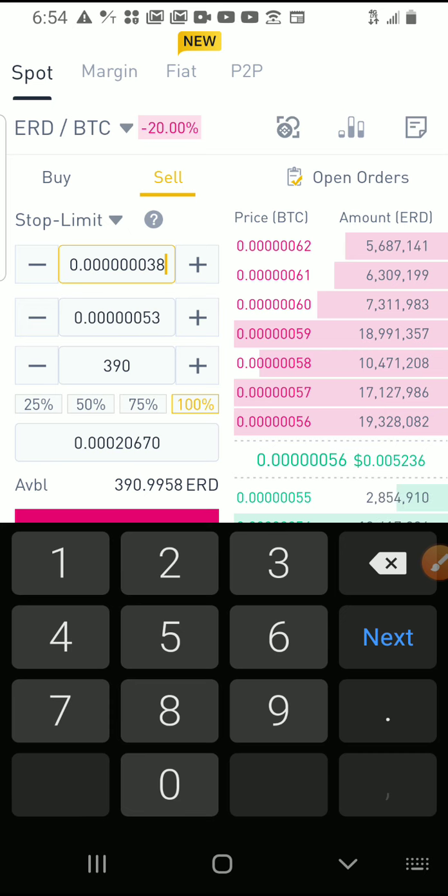So if the coin wants to dump, it will just sell for us and we will just go home with 90%. If we don't want, we can still sell it at that 40 sats. We can just place a sell order at 40 sats, just like that, and it will sell for us.